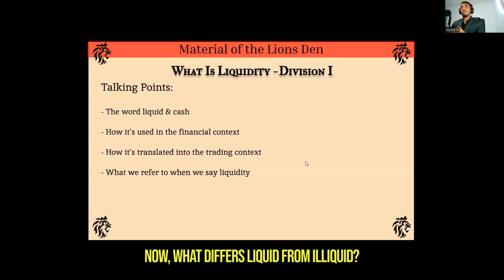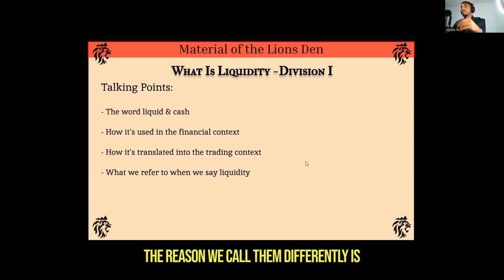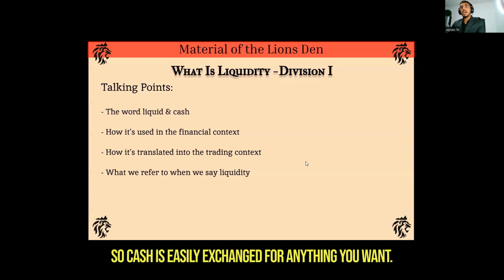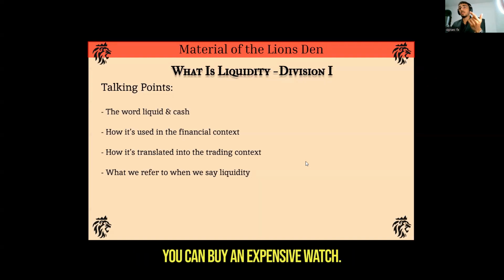Now, what differs liquid from illiquid? What differs cash from assets? Why do we call them differently? The reason is their ability to be exchanged. Cash is easily exchanged for anything you want. You can buy an expensive watch, a house, cars, food.